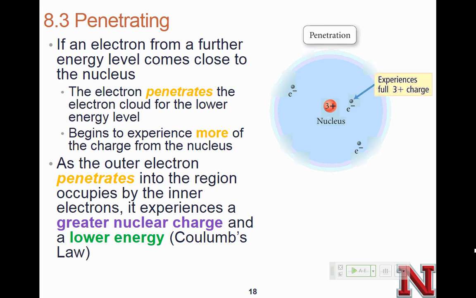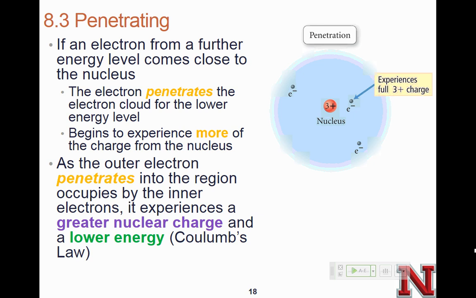So if an electron is further from the energy level, but it comes close to the nucleus, the electron penetrates the electron cloud for the lower energy level and begins to experience more of the charge from the nucleus.